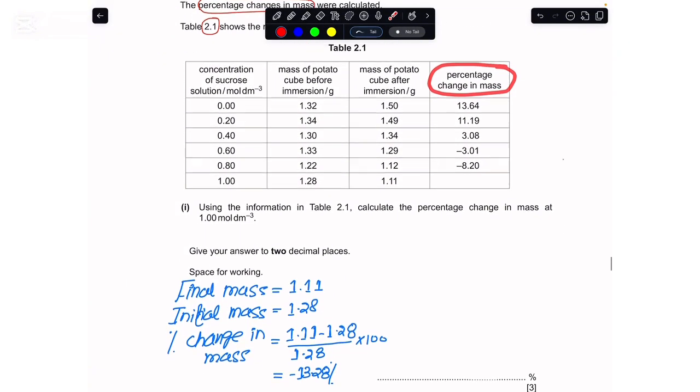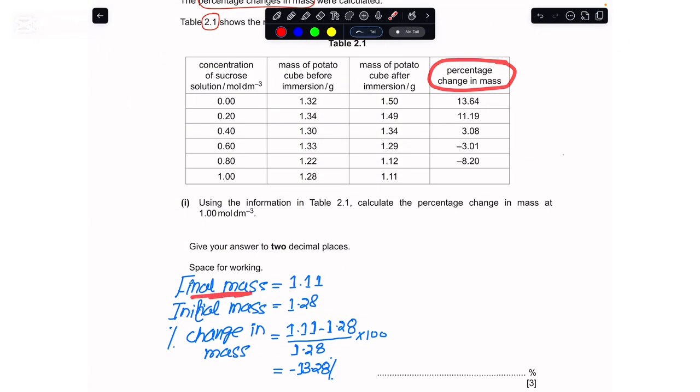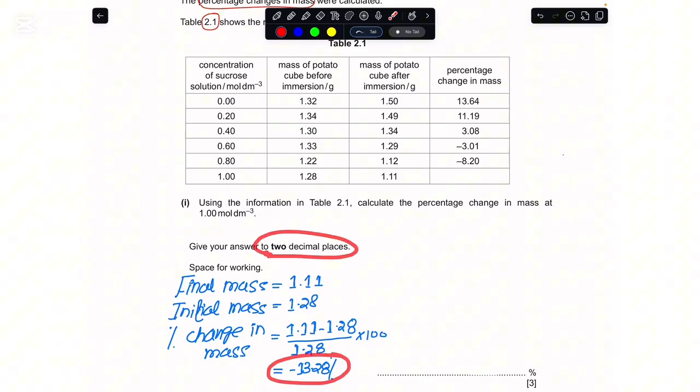If I take you to the answer, the final mass is 1.11 and the initial mass is 1.28. We take their difference, divide it by the initial value of 1.28, and then multiply by 100. Since we have to give it to two decimal places, the answer you are required to write here is 13.28.